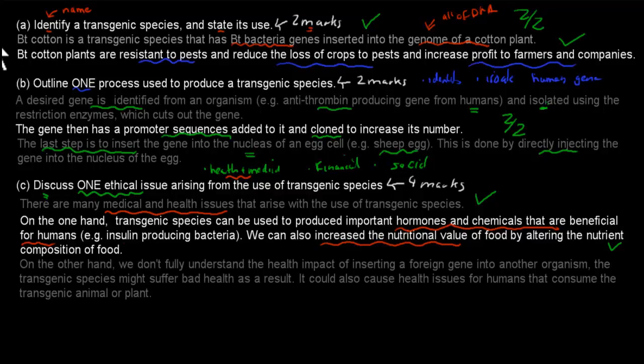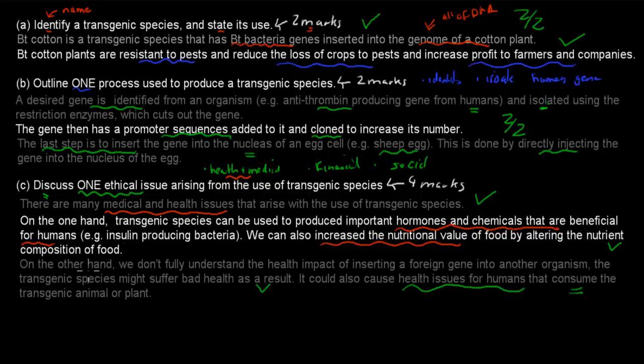So here I've given 2 reasons why we should have transgenic species when it comes to health and medical reasons. Now I give 2 which are against it. So on the other hand, we don't fully understand the health impact of inserting a foreign gene into another organism. The transgenic species might suffer bad health as a result. So here I've just said that the actual transgenic species itself might suffer bad health. So that's an against argument for the health and medical issue reason. The next is I also said that it could also cause health issues for humans that consume the transgenic animal or plant.